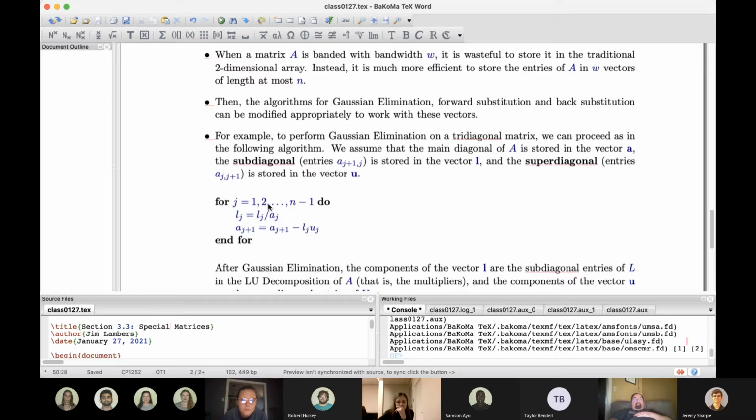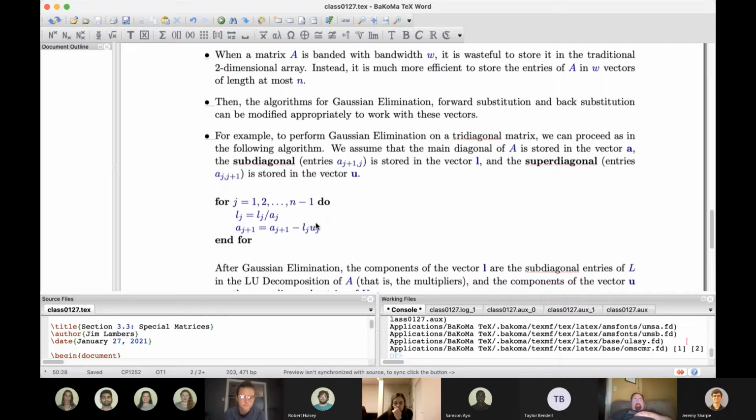But here we just have one loop that runs n-1 times and only performs 3 floating point operations. Whereas Gaussian elimination in the general case takes about 2/3 n-cubed arithmetic operations, for a tridiagonal matrix it's actually 3n-3. So 2 orders of magnitude less work in the tridiagonal case.